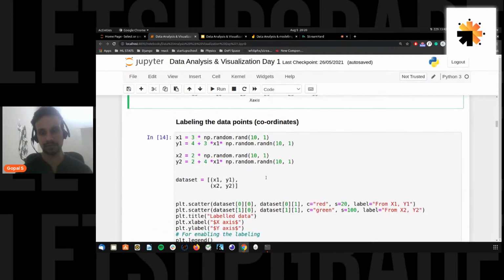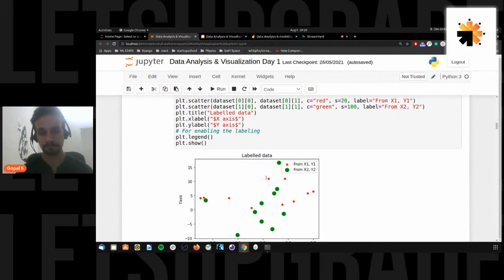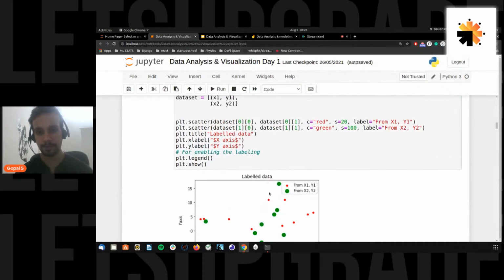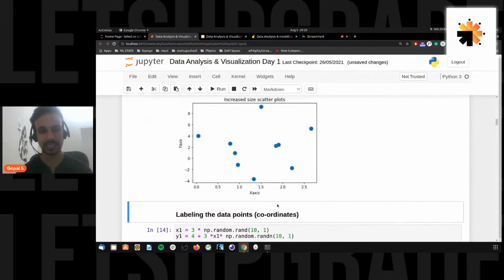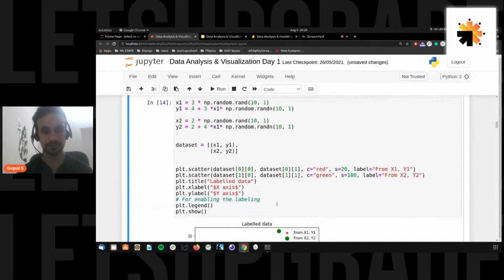labeling the data points. What exactly do I mean by that? Say, without labeling the data set, what exactly is going to happen? Say I just remove these two. What will happen?